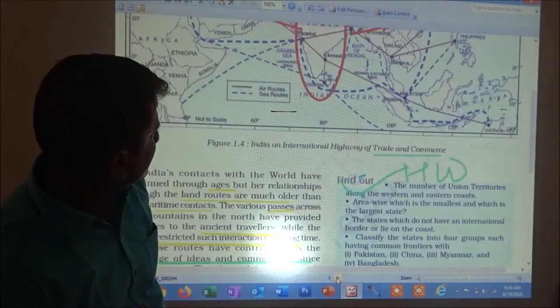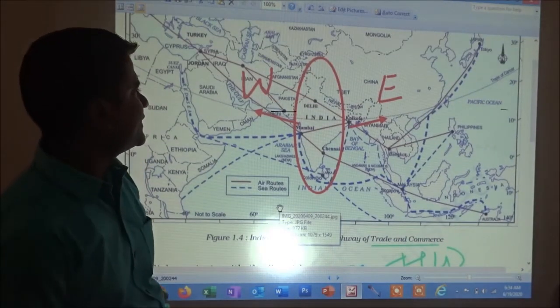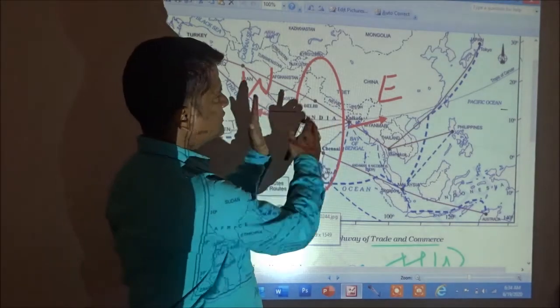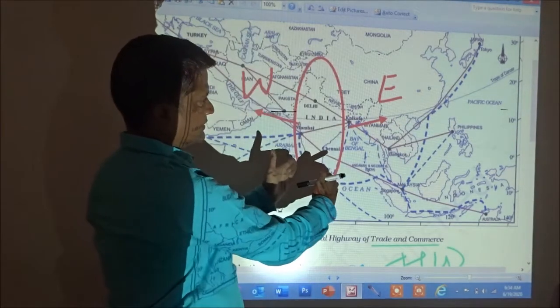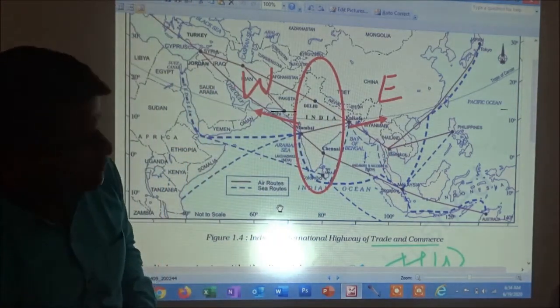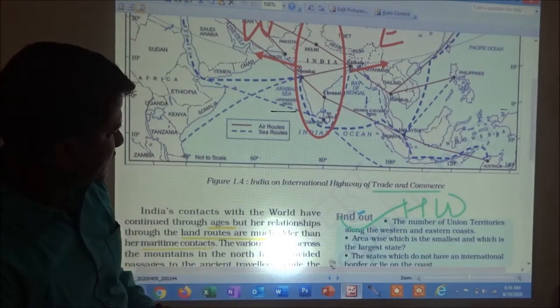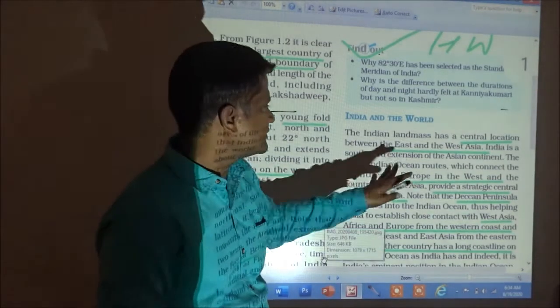In this map it is very clear that India, which is situated in the Asian continent, is almost in the center, from the east direction and from the west direction. Because of this situation, we say that India has a completely central location.